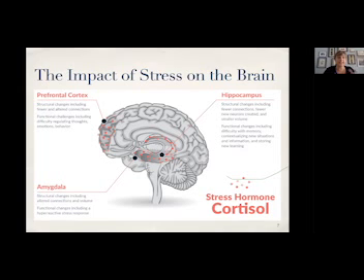Connections, this is really key. So the connections with the prefrontal cortex deteriorate under these conditions of toxic stress and trauma. So this makes it difficult for the prefrontal cortex to regulate our emotions and regulate the amygdala. So when this happens, there's a deficit in our executive functions.